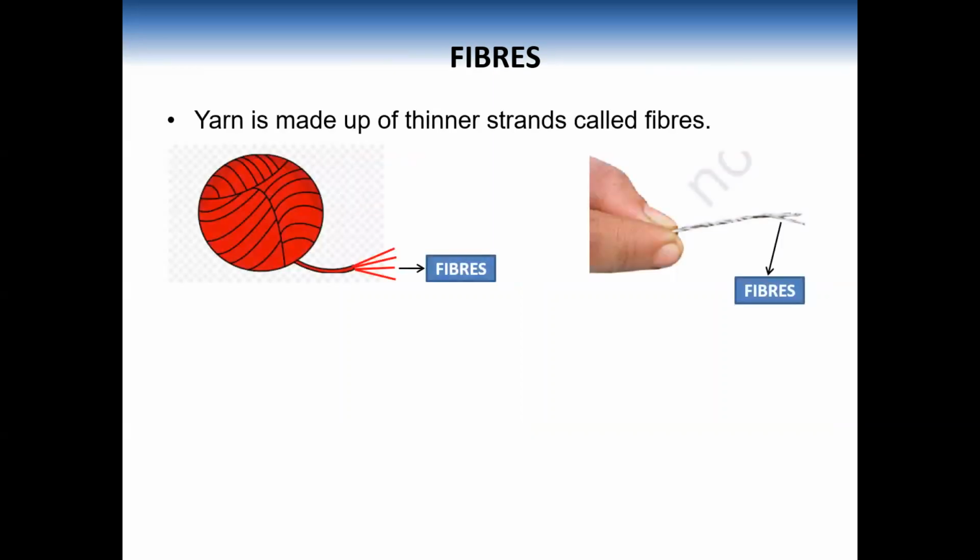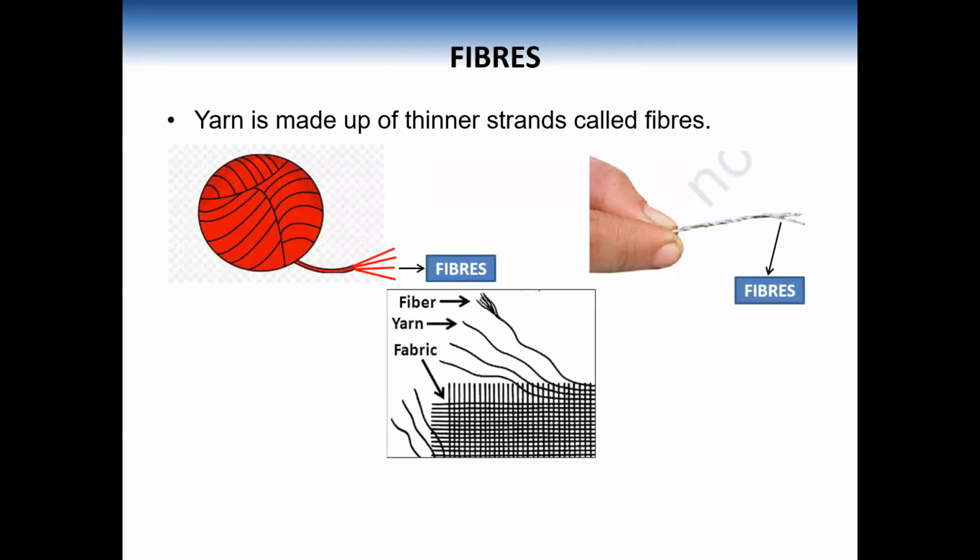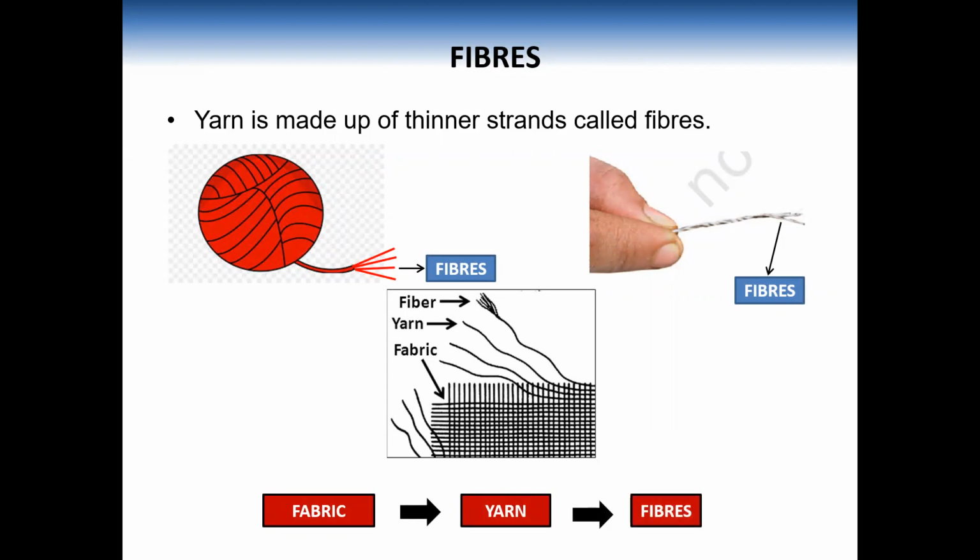Yarn is made up of still thinner threads called fibers. So these are the fibers. So fabric is made from yarn, whereas yarn is made from fibers. Let us discuss fibers now.